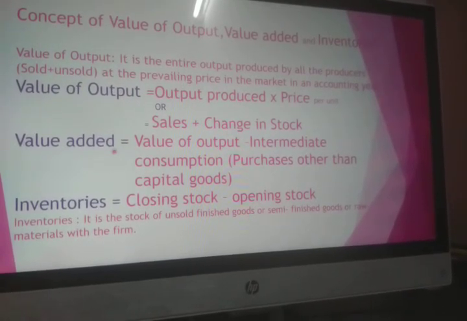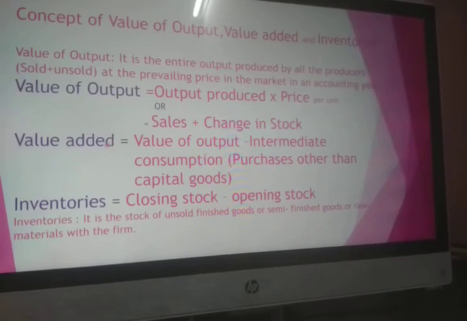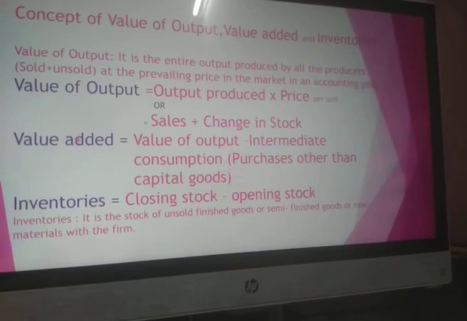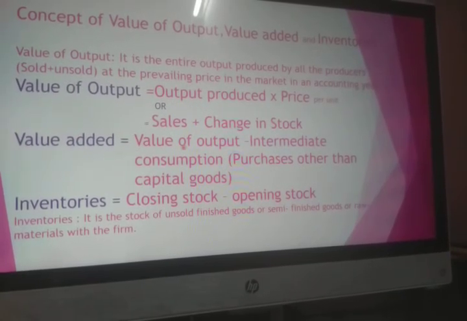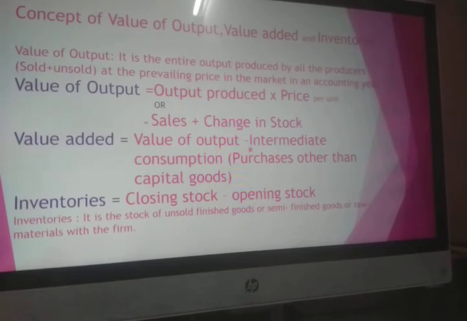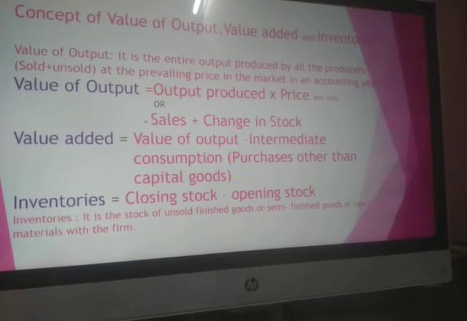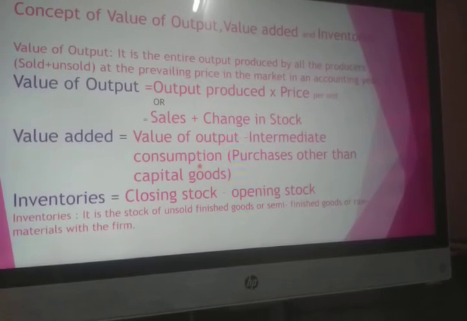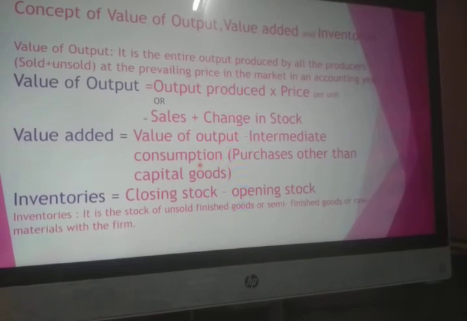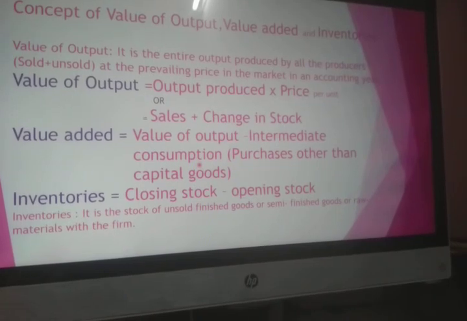Now, value added. Value added is the net addition of value made by the various producers at different stages of production. So this is equal to value of output minus intermediate cost or intermediate consumption. In other words, intermediate consumption means all the purchases made by the producer for producing a particular commodity.